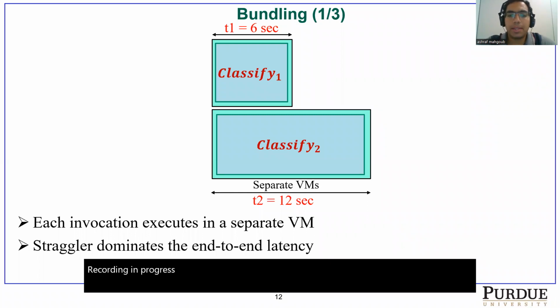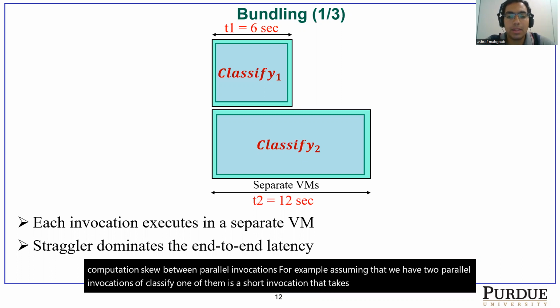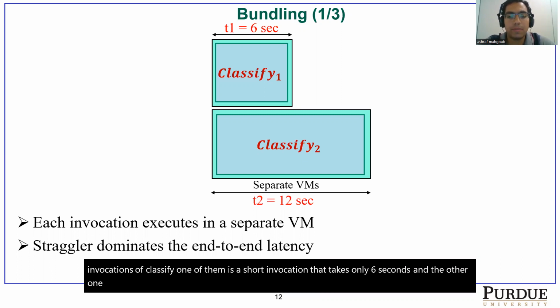Next, we define bundling, and bundling helps with mitigating the computation skew between parallel invocations. For example, assuming that we have two parallel invocations of classify, one of them is a short invocation that takes only 6 seconds, and the other one is a straggler that takes 12 seconds.